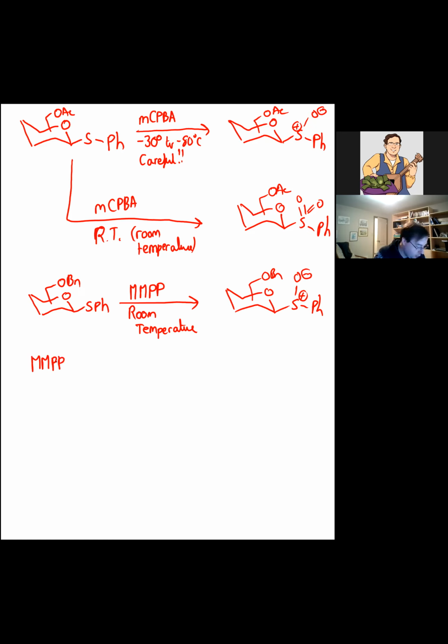This is one of those things where you're like, I have no idea how anyone came up with this reagent. It is a peracid, but it's a weird peracid. So mechanistically, there is nothing different between this and mCPBA. But it's much less reactive.